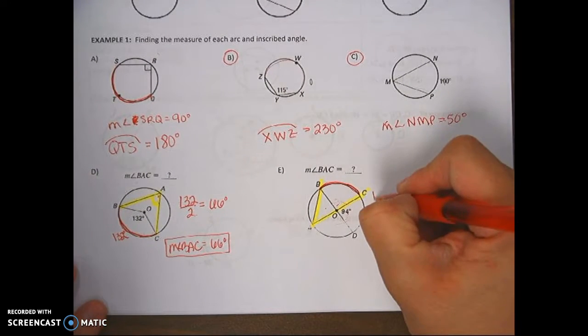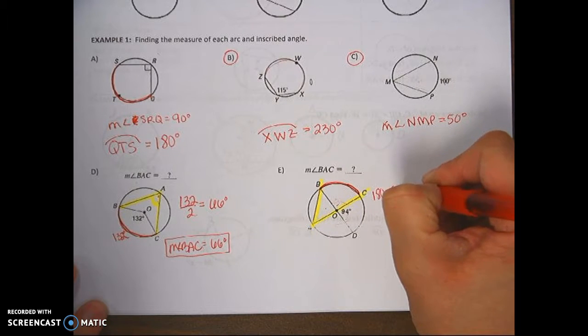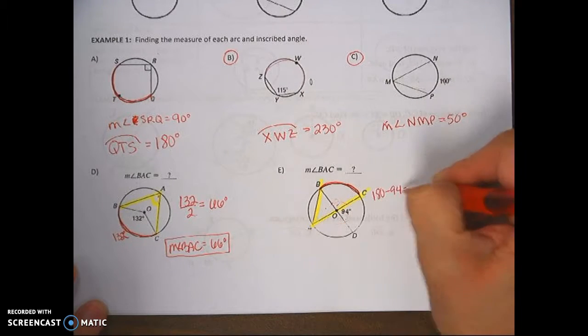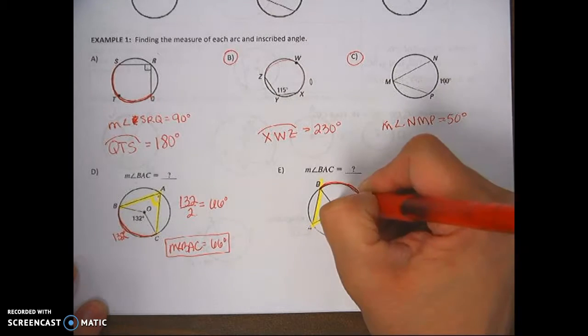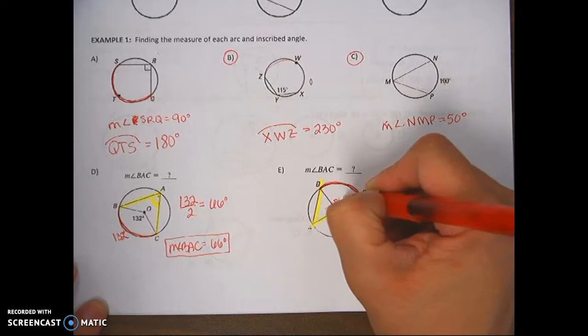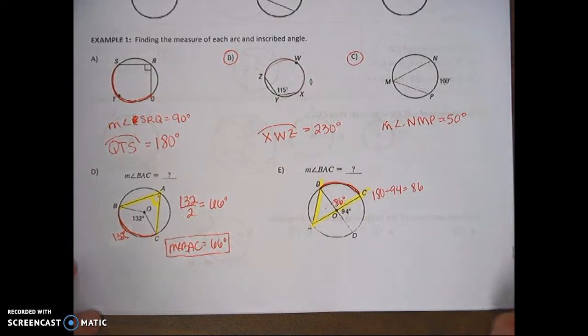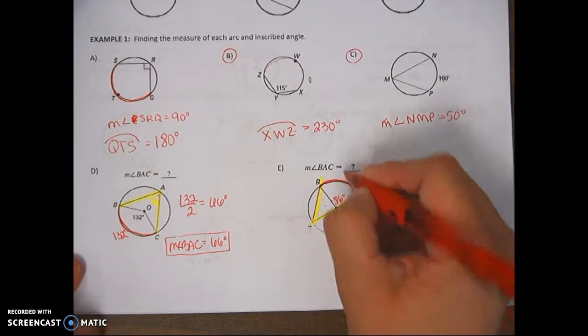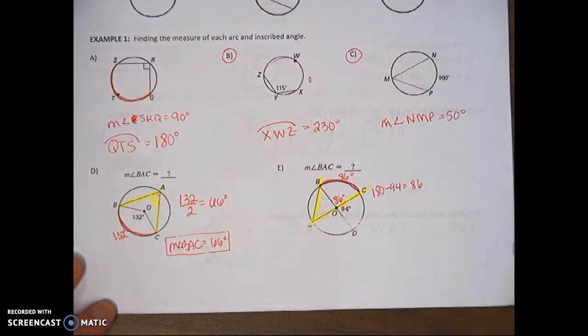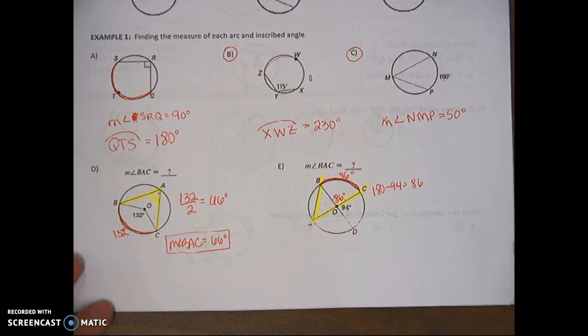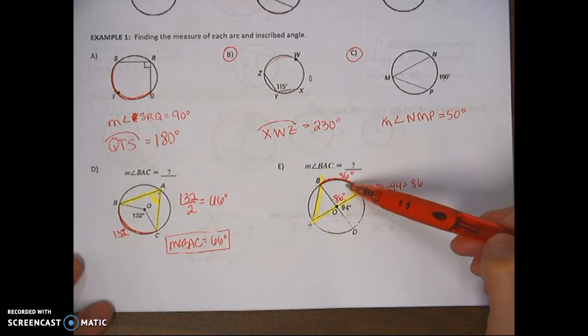Either way, if I do 180 minus 94, because these two are supplementary, I get 86 degrees. If I did 360 minus 94 and divide it by 2, you would still get 86 degrees. That gives me the measurement of that arc, because that is the central angle that is opposite this arc.